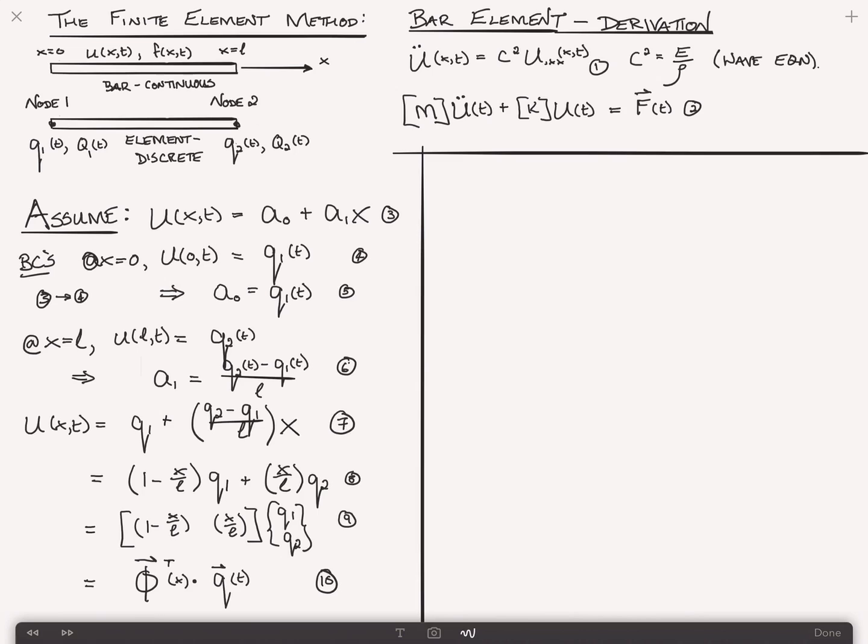To be clear, we've got this vector phi, which is equal to phi1 of x, phi2 of x, which is equal to 1 minus x over L and x over L.